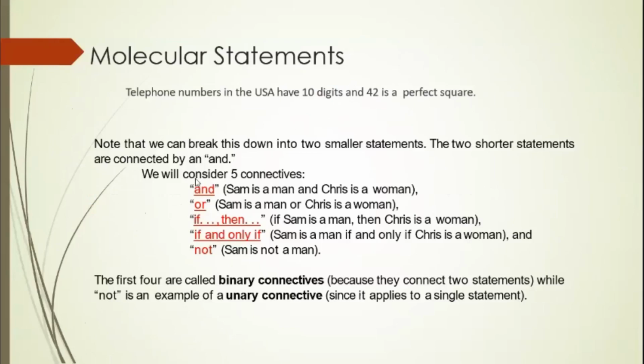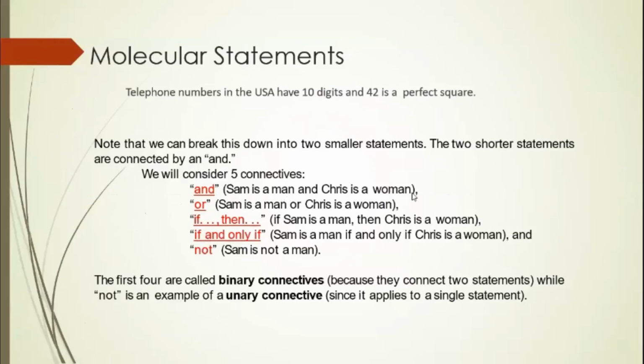So we will be considering 5 connectives. You will see that I highlighted and underlined them in red so that you would know the different connectives that we use. And adjacent to that, you have an example sentence. Sam is a man, so that is atomic.